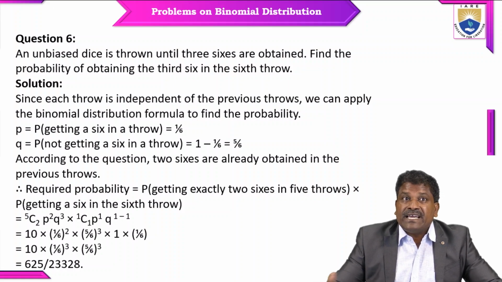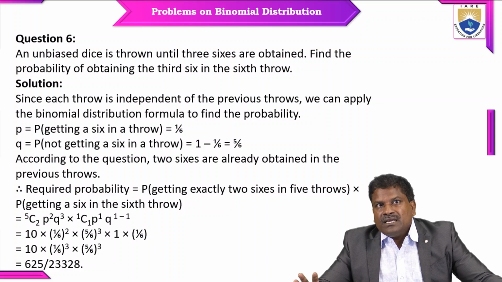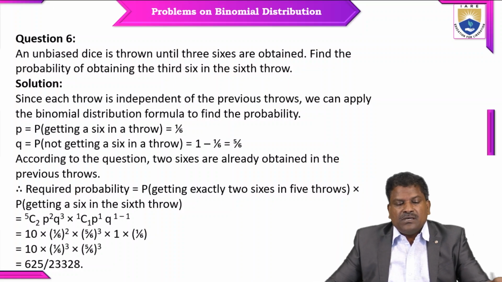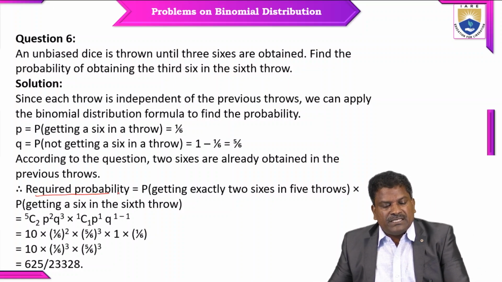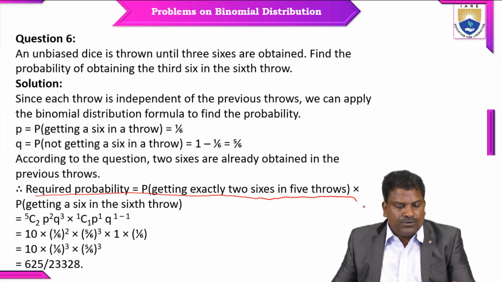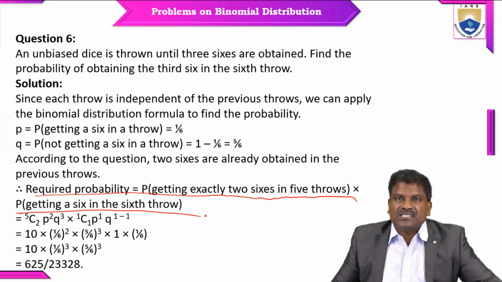So, this is a chain rule in probability. In chain rule in probability, among n trials, n minus 1 trials are already over and succeeded. Then for that remaining last trial, this chain rule we have to use. Required probability is equal to P of getting exactly 2 6s in 5 throws into P of getting a 6 in the 6th throw.